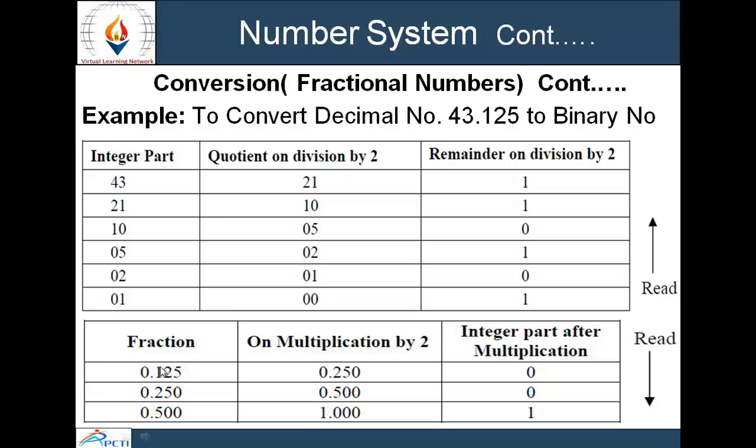0.125, we will multiply the fractional part by 2 because we are converting the decimal number to a binary number. We will multiply the fractional part repeatedly by 2 and separate the integer. In this case, the integer is 0, then 0, and in the last one the integer is 1, as you get it till you have all zeros in the fraction.